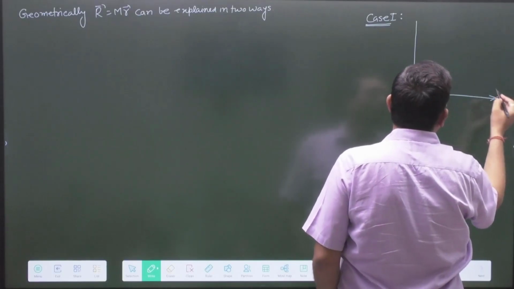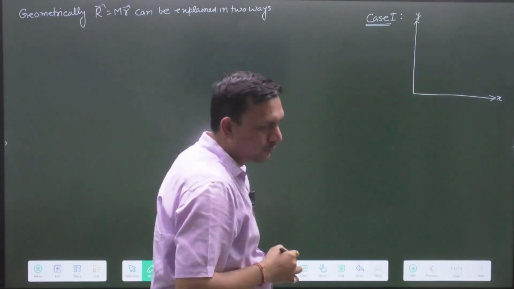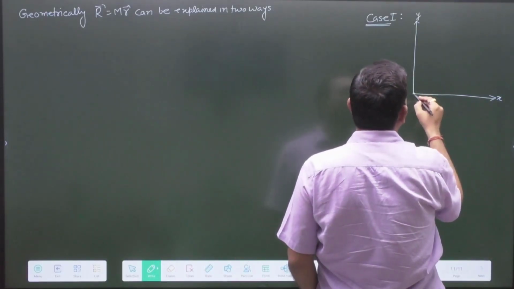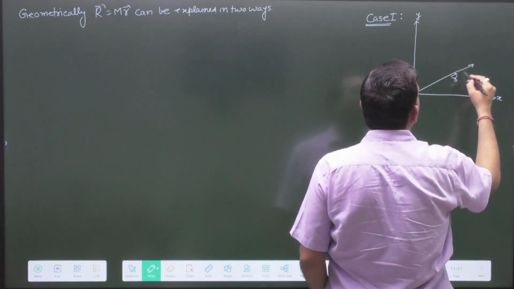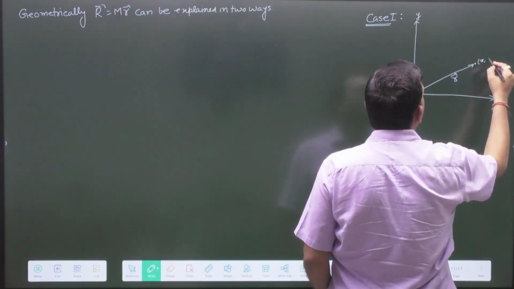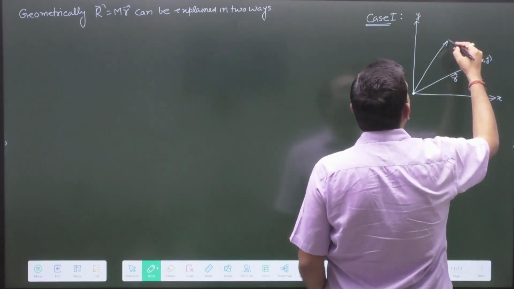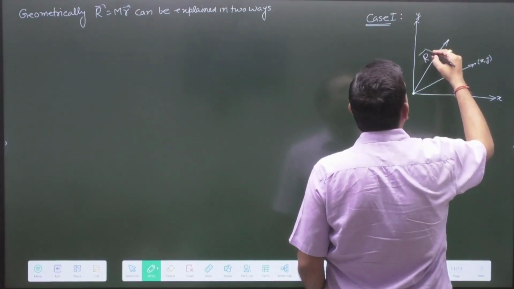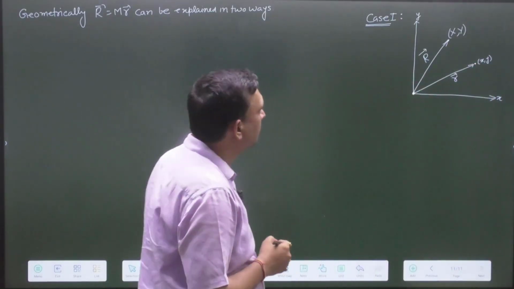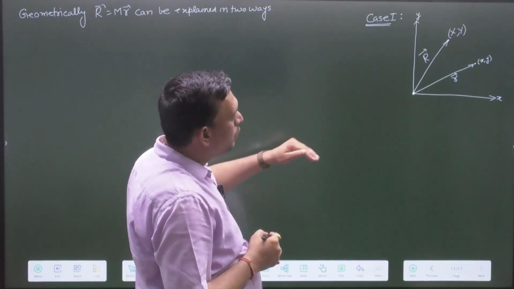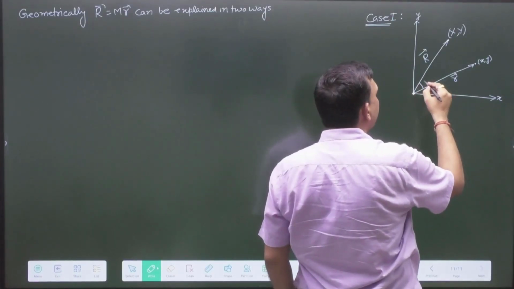In case 1, we have one set of coordinate axes. This is the origin, and this is vector r. This point is x, y, and you have another vector capital R. This point is capital X, Y. So when we operate matrix M on r, it will rotate the vector by an angle theta.